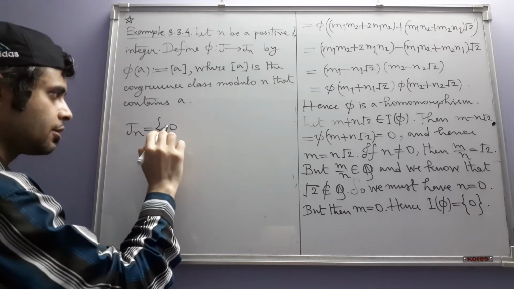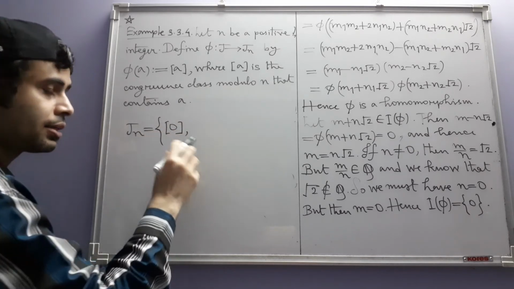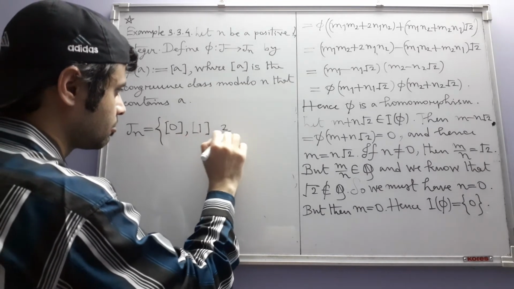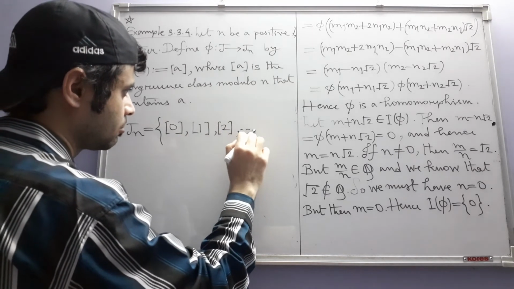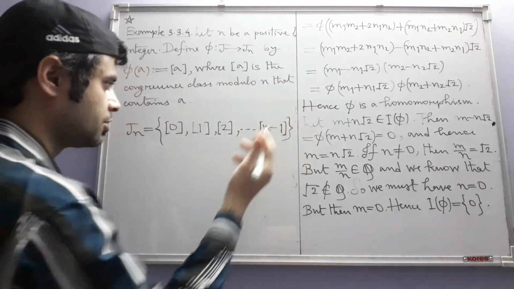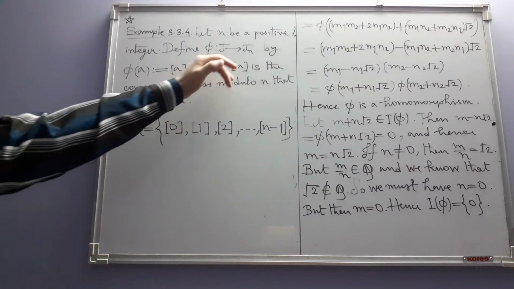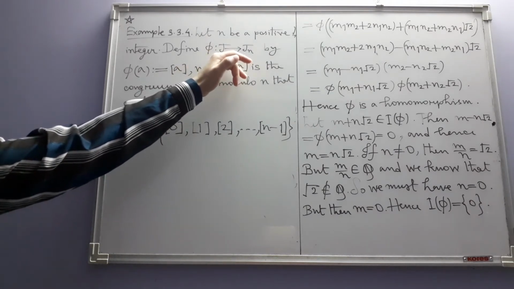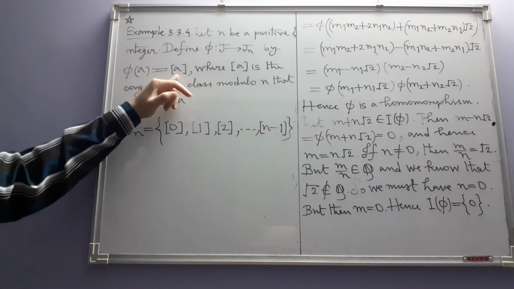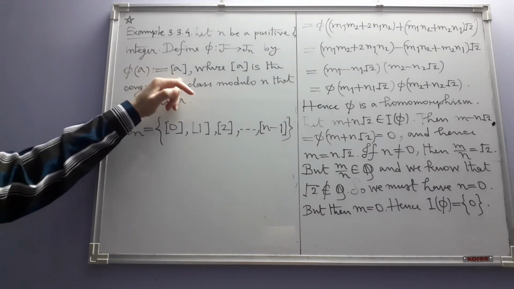It consists of n distinct and in fact disjoint congruence classes. So this is our jn, and j is the set of ordinary integers. So an integer is being mapped onto the congruence class which contains it.